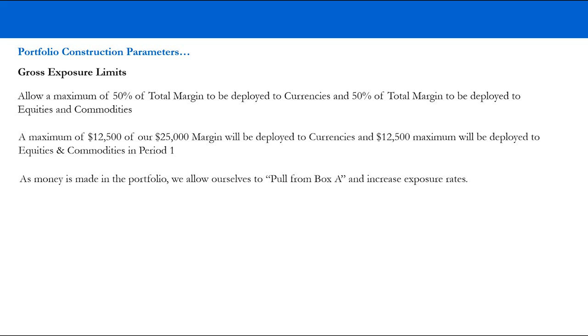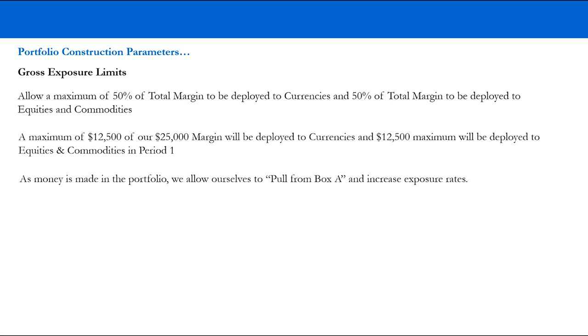And here, with analyzing our gross exposure limits and having an actionable trading plan, we're going to allow a maximum of 50% of our total margin to be deployed to currencies or Forex, and 50% of our total margin to be deployed to equities and commodities, or a mixture of the two.